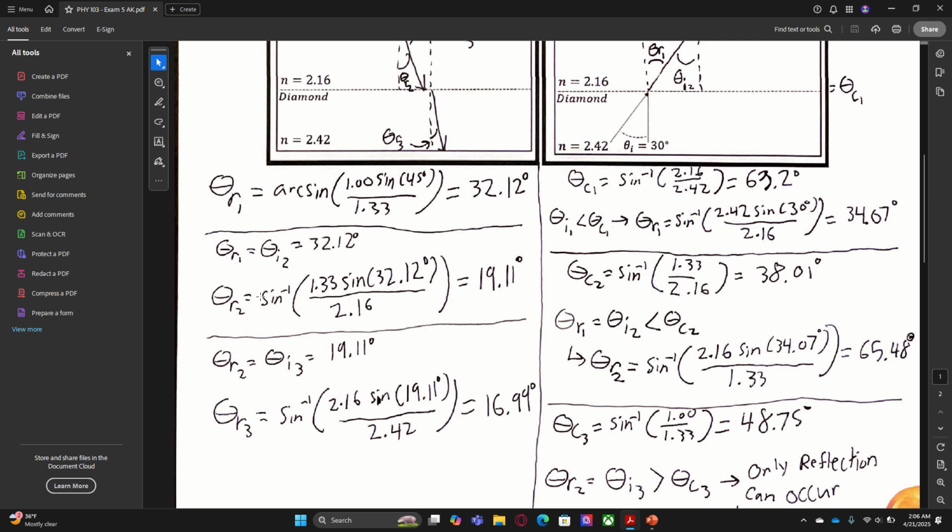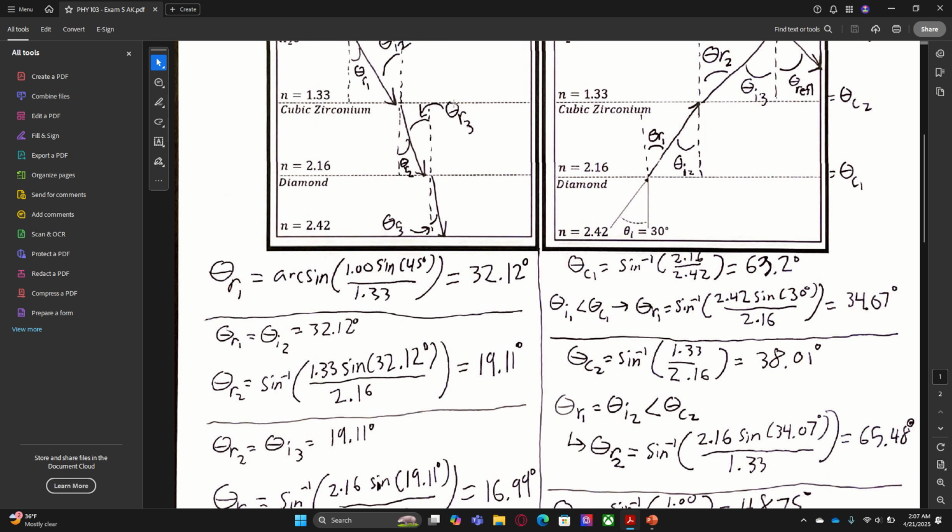Theta R2 will be sine inverse of the current refractive index, which for water is 1.33, times sine of the incident angle, so sine of 32.12 degrees, divided by the refractive index of the next layer, which for cubic zirconium is 2.16. And all of this should end up equaling 19.11 degrees in your calculator.